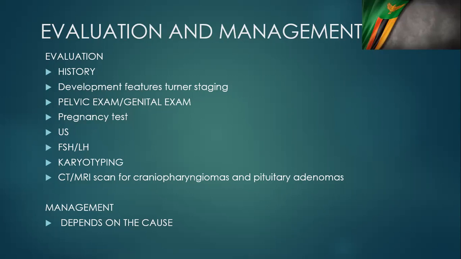It's going to be high because the pituitary gland is trying to stimulate the ovary to produce follicles because the ovary has failed. So the pituitary gland is trying to produce more and more follicle stimulating hormone to tell the ovary to start working. So you need to be aware that if your FSH is high and your LH is high, then usually the problem is in the ovary.